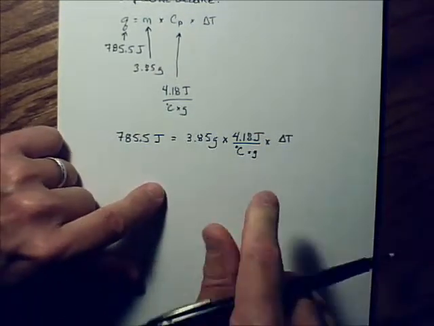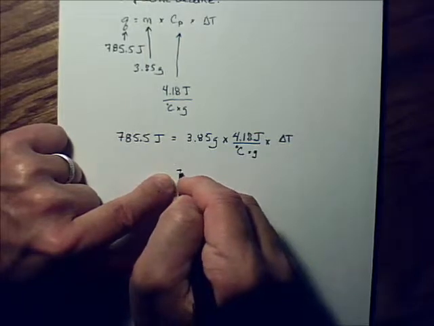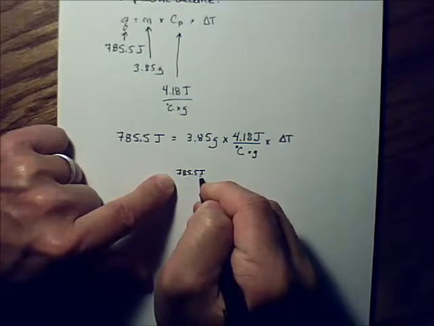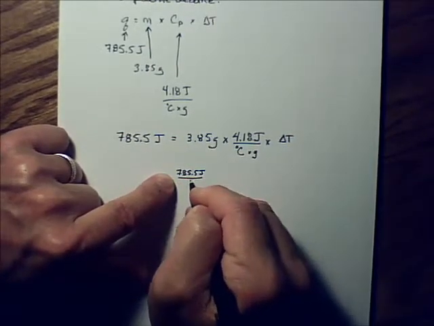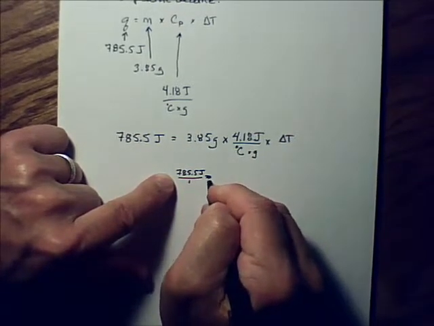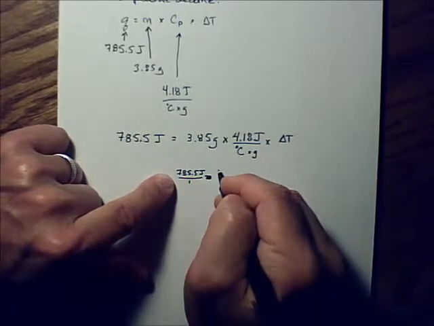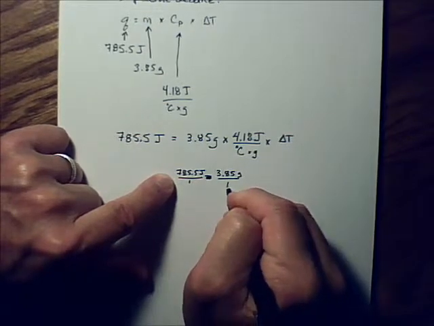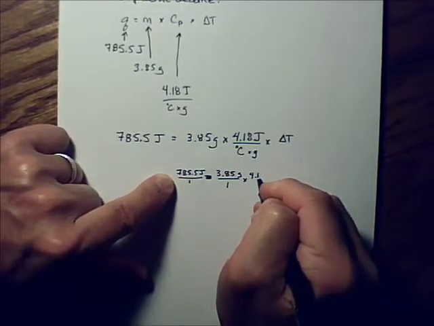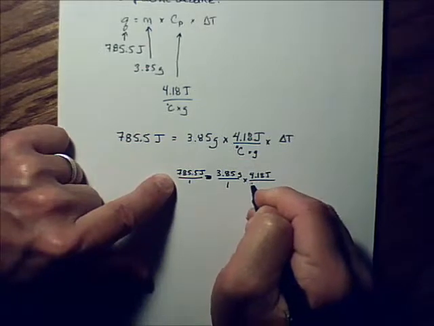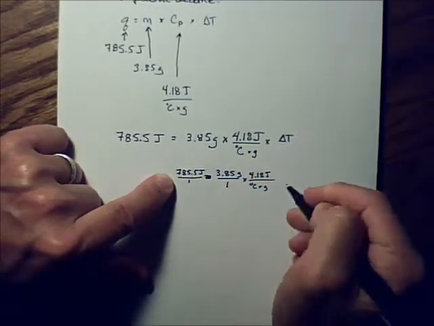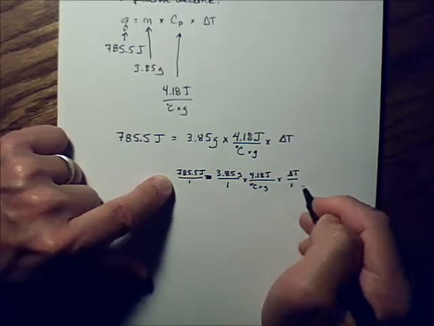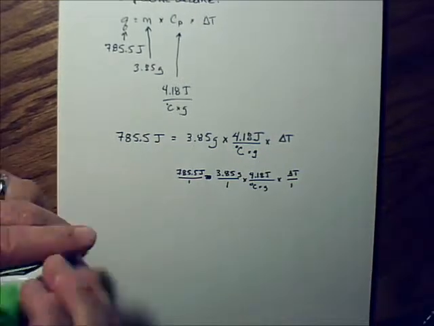So 785.5 joules, I'm going to put it over 1, equals 3.85 grams, I'll put it over 1, times 4.18 joules per degree C per gram times delta T over 1.